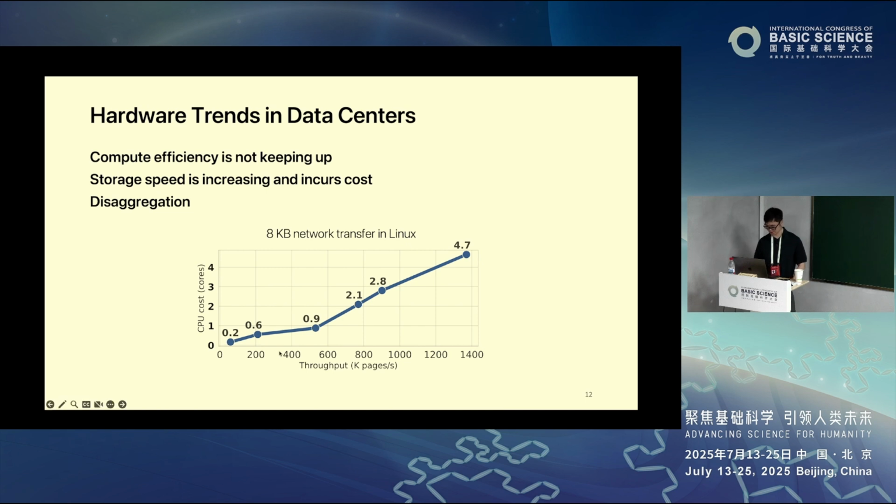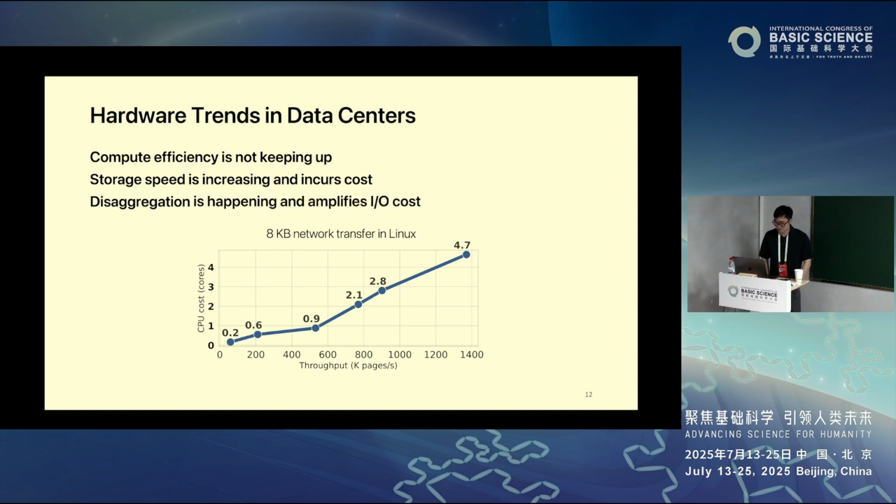Again, the x-axis shows the page transfer throughput, and the y-axis shows the number of CPU cores required to achieve that throughput. If we want to achieve some decent throughput, like more than 1,000 pages per second, we also need quite a few CPU cores dedicated just to data transfers.